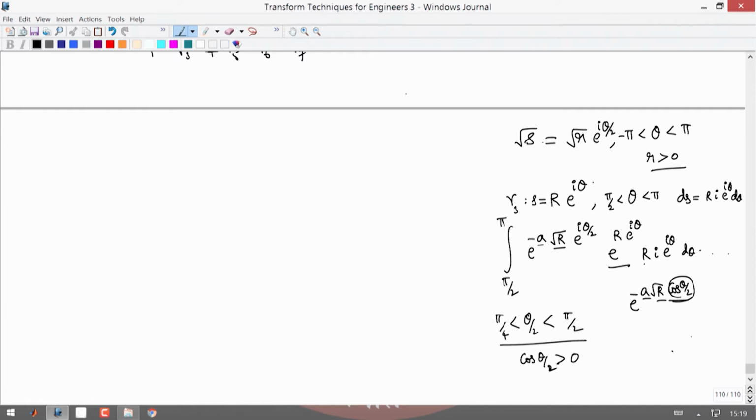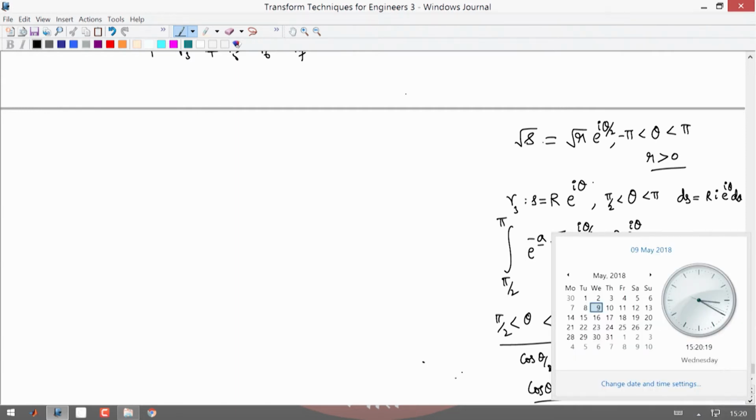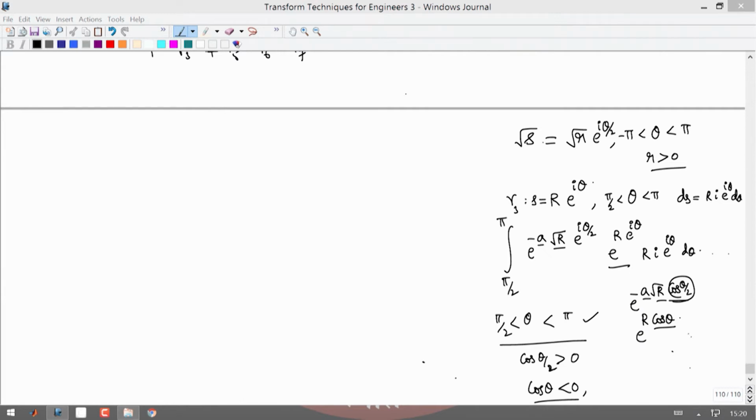And now what happens to e power r cos theta when theta is between pi by 2 and pi? This quantity cos theta is negative in this range, so this is e power a negative quantity times r, and of course you have another quantity, e power r times I sin theta, which when you take the modulus is going to be 1, okay.